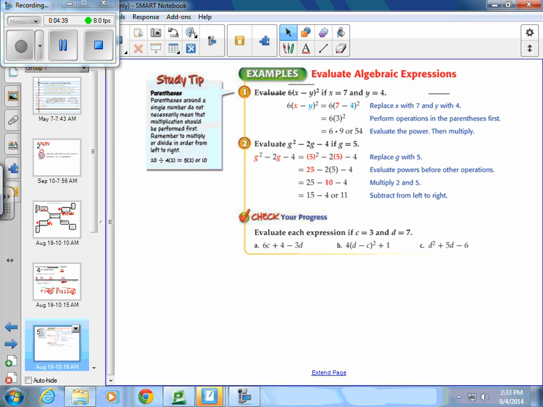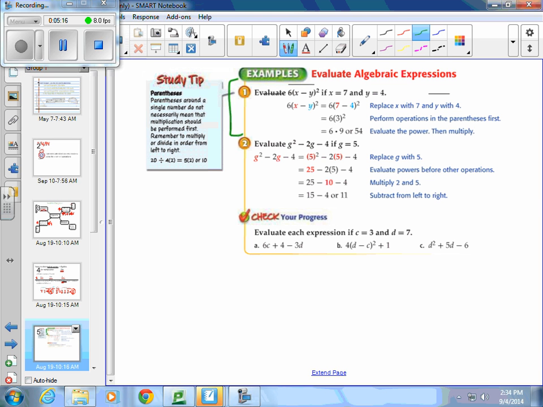So if we are given algebraic expressions and then we're given what our variables equal, we are able to evaluate our algebraic expressions. So this is coming right out of your book on the example page, on page 30. If you just read along and look at the example, I'm not going to go over all these, but if we look at number 1, it says evaluate 6 times x minus y squared if x equals 7 and y equals 4.